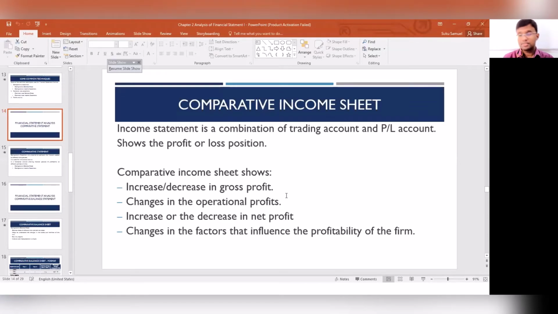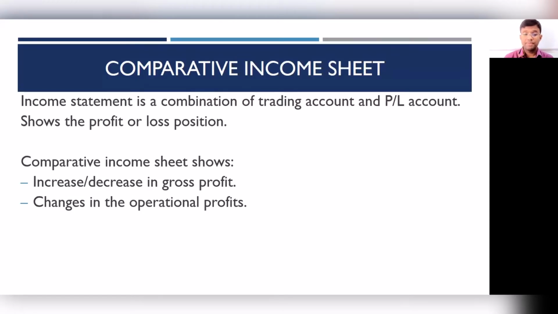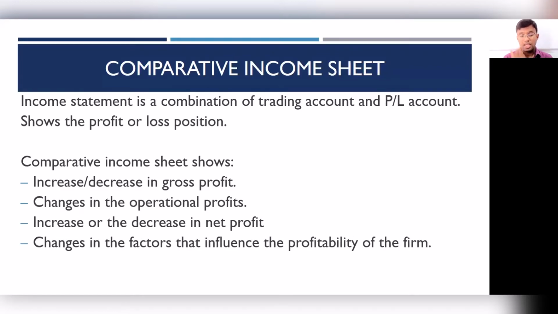Are the staff expenses going up? Are the administrative expenses going up? To understand those aspects, we will have to prepare the comparative statement. Then we also want to know what impact the firm is having with respect to its total, overall profit.